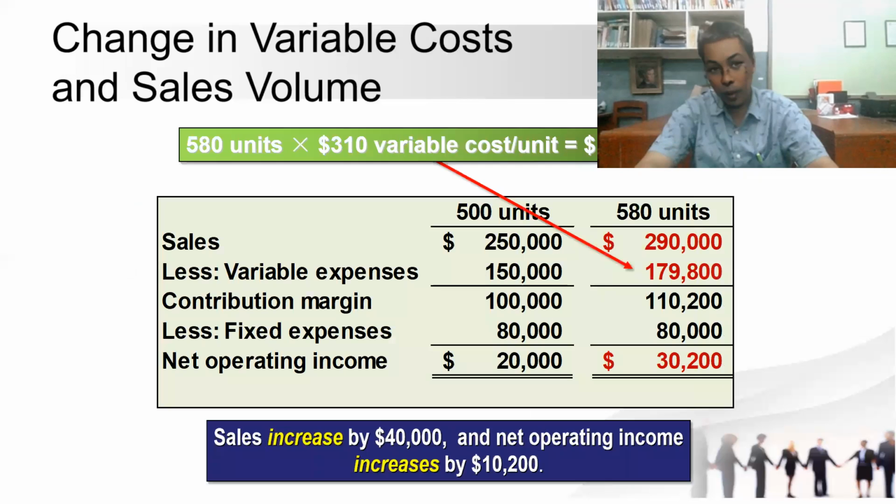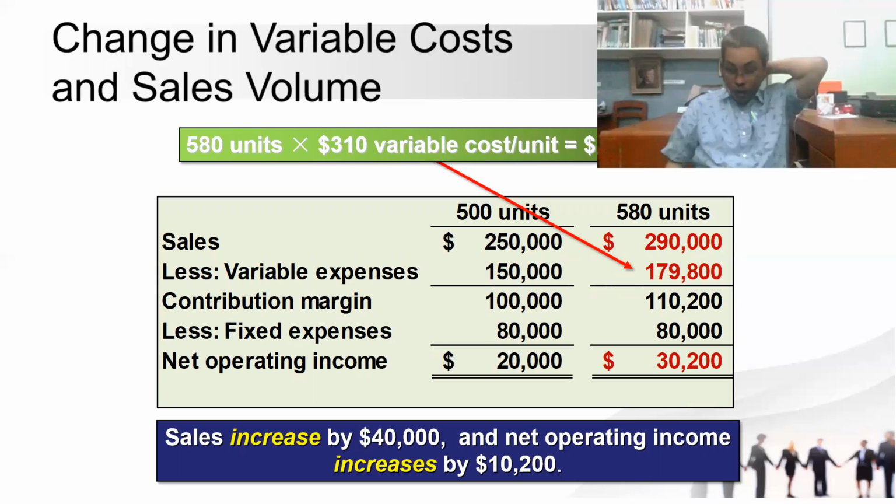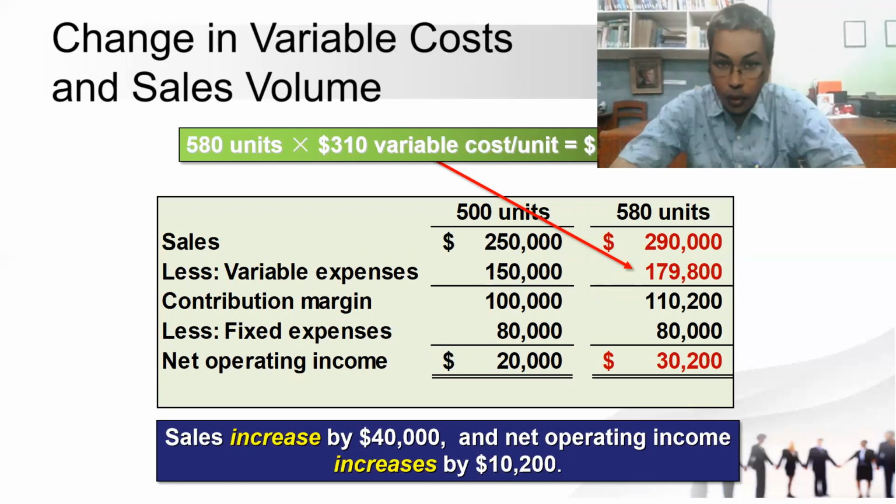We have to decide. Let us compare if we are able to sell 580 units, and the reference is 500 units, our usual or average selling quantity. Now, what if we sold 580 units? The total sales is 580 times the selling price, equal to 290,000.